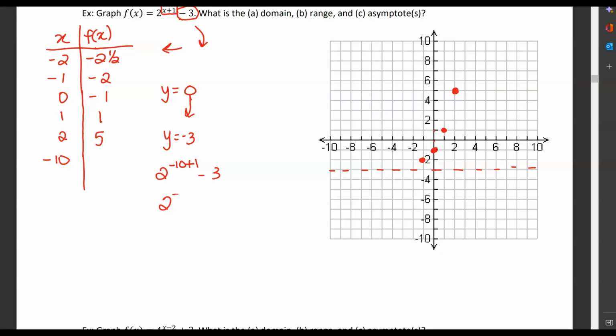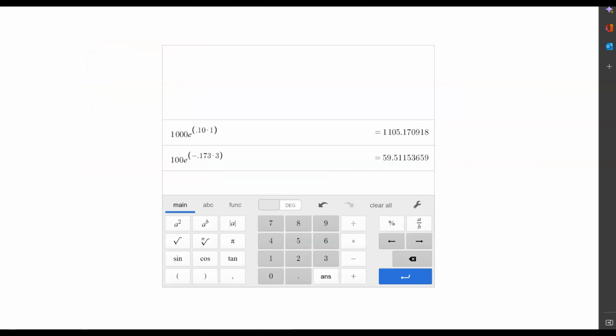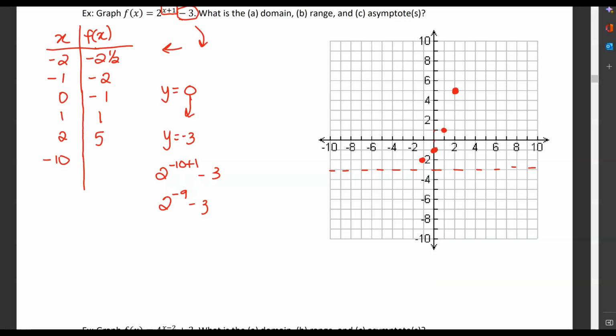This is going to be 2 to the -9 minus 3. Let's come over here to the calculator. So 2 raised to the -9 power, and then we subtract 3. Notice that's -2.99999. So that's definitely telling me that there's going to be an asymptote here at -3.